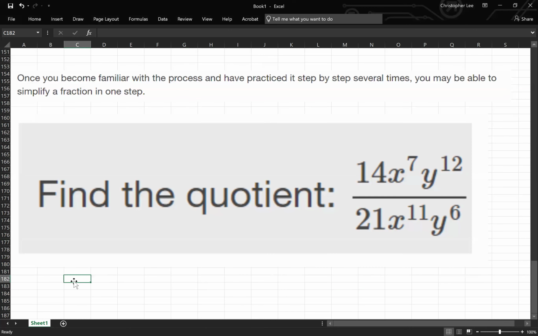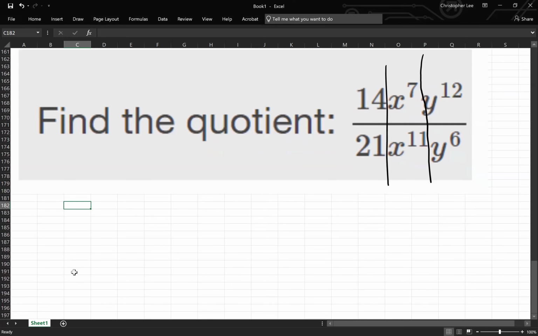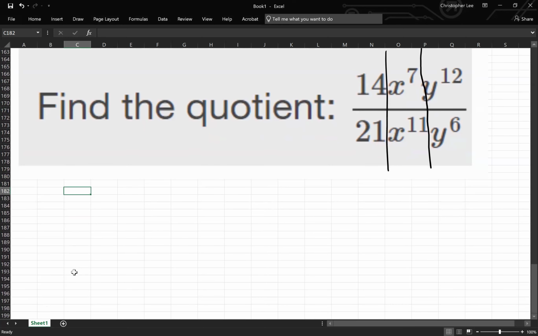So you could just go straight down, step by step, right? Kind of separate these a little bit, right? 14 divided by 21, what's that? Reduce it. What does that become?